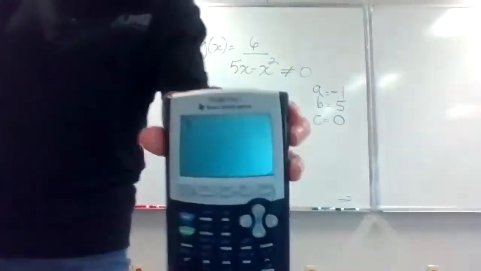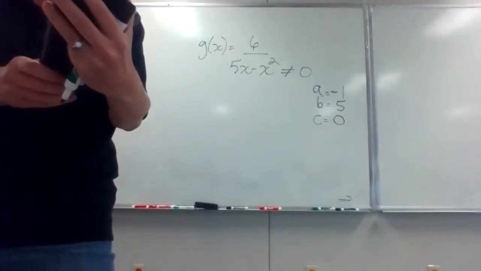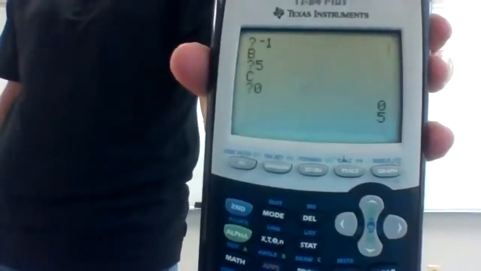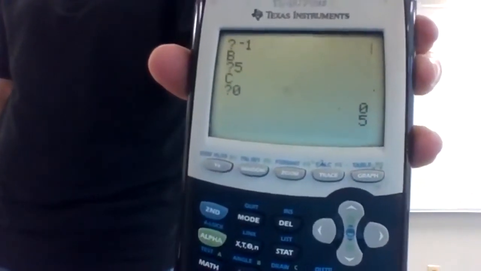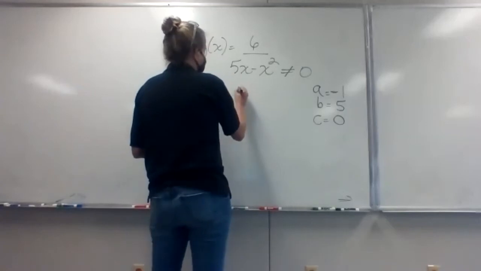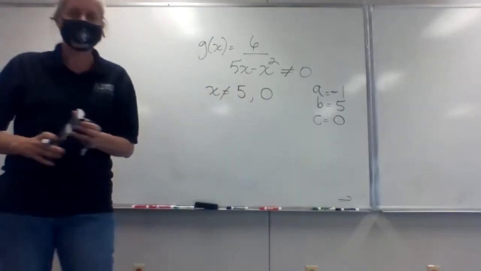Type in your A, B, and C as -1, 5, and 0. Hit enter. So your two solutions would be 5 and 0. So that's what x cannot equal.